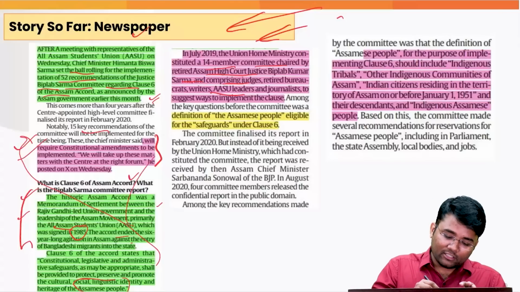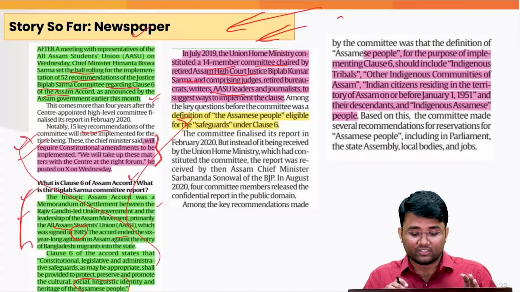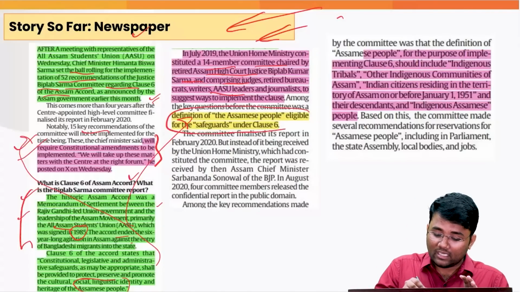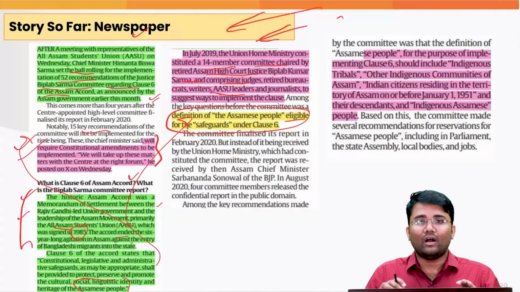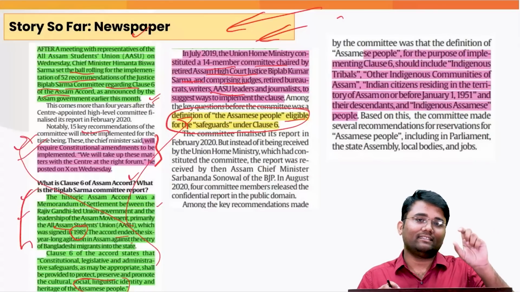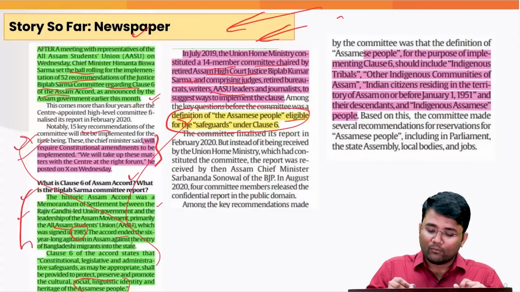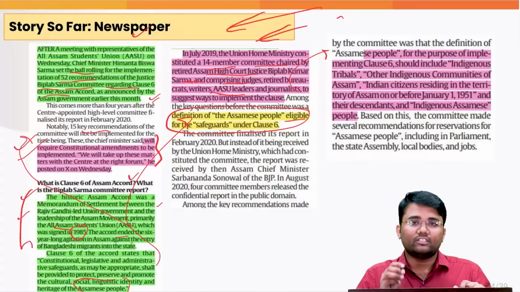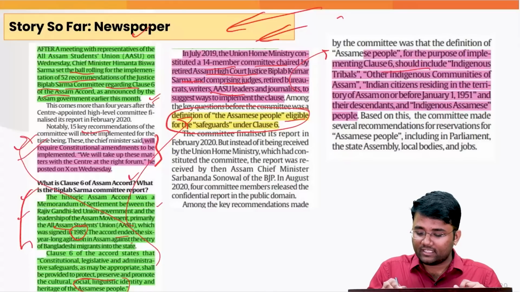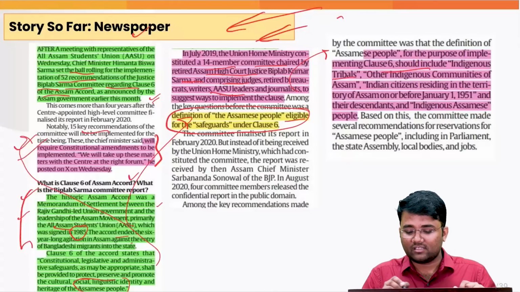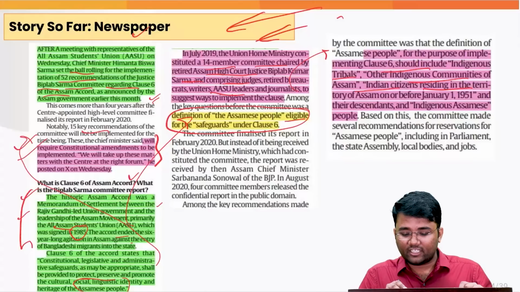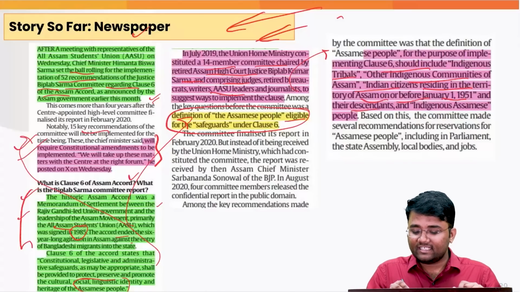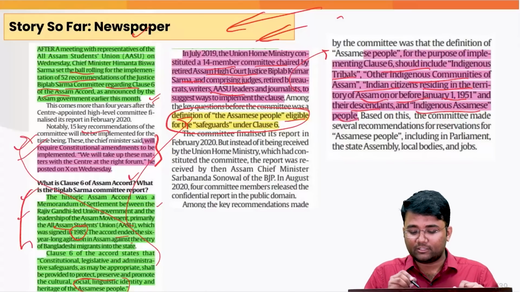And under clause 6, one of the main questions was who constitutes the Assamese people? What is the definition of the Assamese people? Who are the people who are eligible to be counted under the Assamese people? Under this, the committee has recommended that for the implementation of clause 6, it should include indigenous tribals, other indigenous communities of Assam, Indian citizens residing in the territory of Assam on or before January 1, 1951, and their descendants, and indigenous Assamese people.